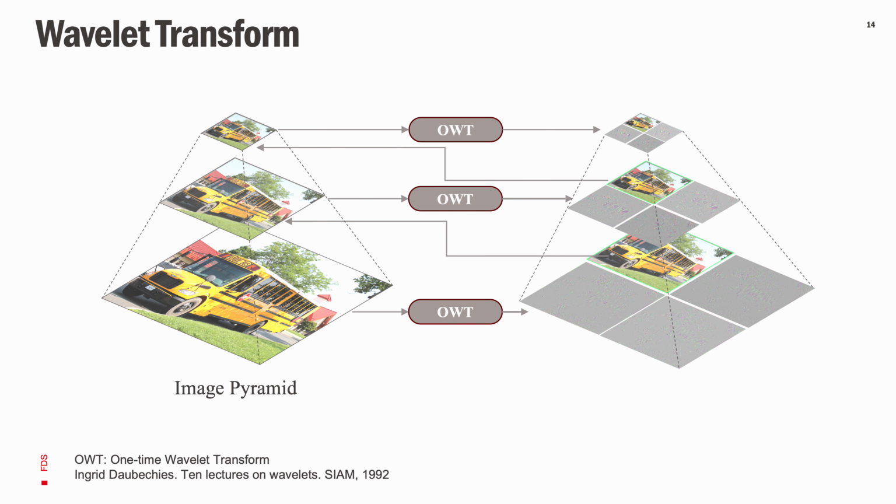Subsequently, the low-frequency component undergoes additional iterations of this transformation process, repeating multiple times. This results in a multi-resolution decomposition of the original image. This entire process is reversible, allowing for the reconstruction of the original image from its decomposed components.